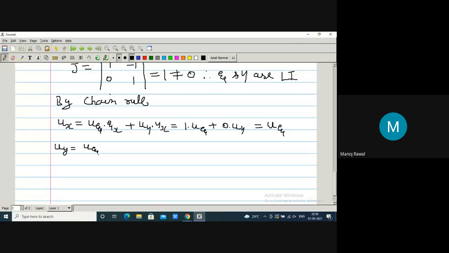U xi into xi y plus u eta into eta y. And please solve this from above, and you will see this is nothing but u xi plus u eta.